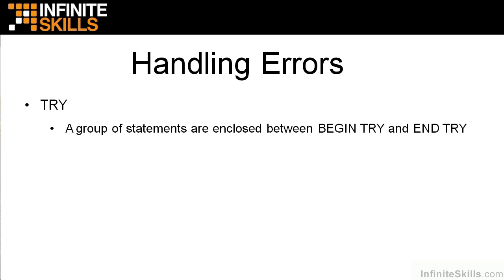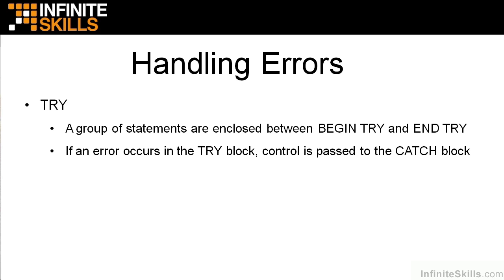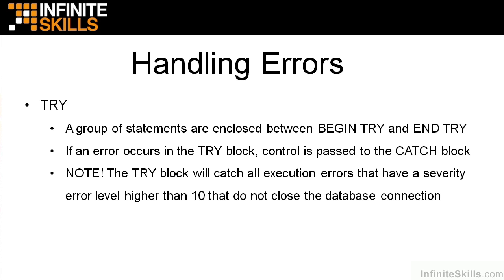Now let's talk about these various aspects of this syntax. In the try section, a group of statements are enclosed between begin try and end try. If an error occurs in any of the code in that try block, control is passed down to the catch block. You need to be aware that the try block will catch any execution errors that have a severity level higher than 10, but that don't close the database connection.